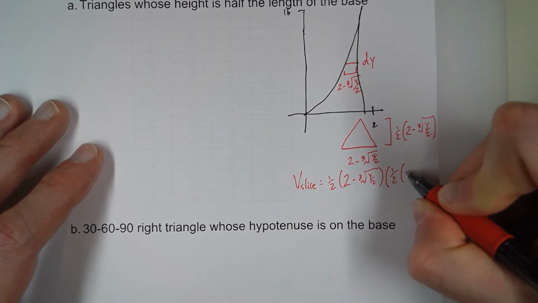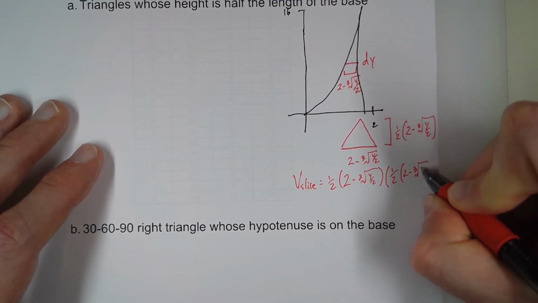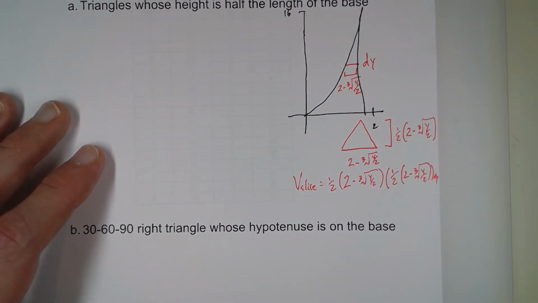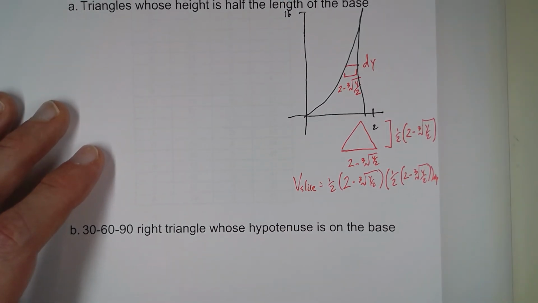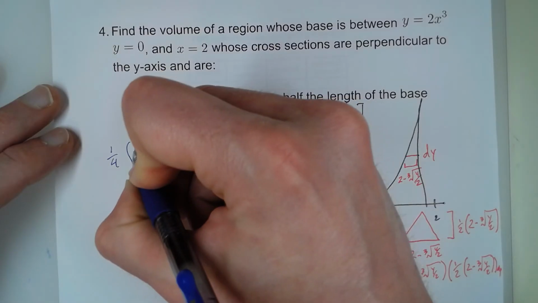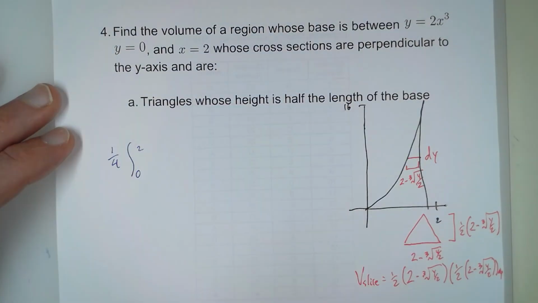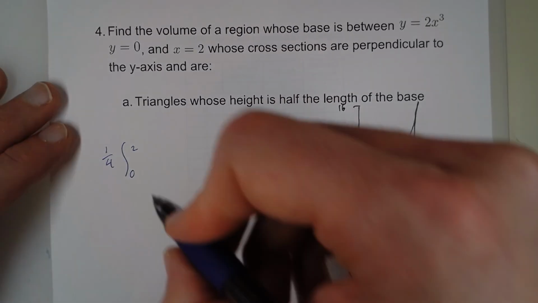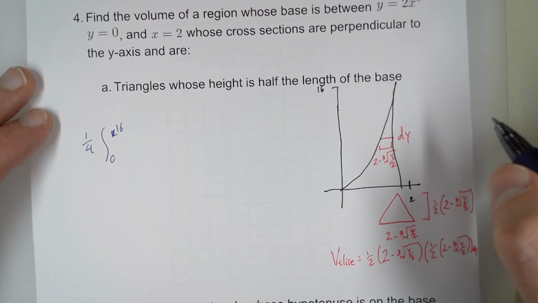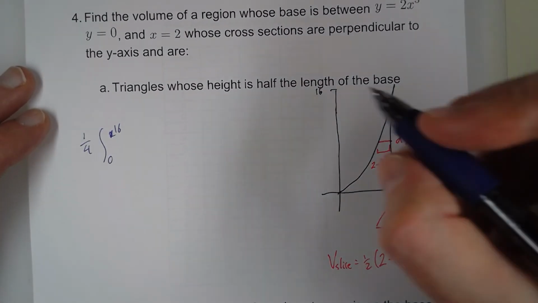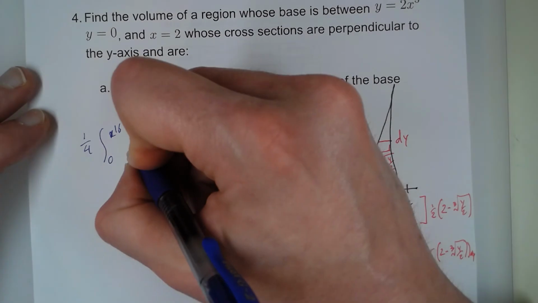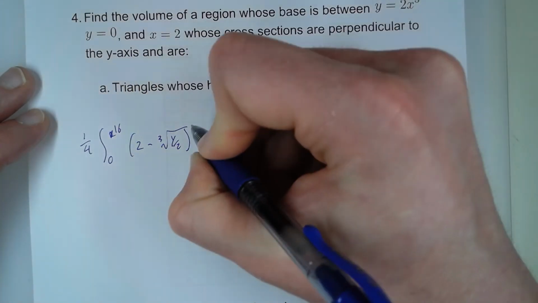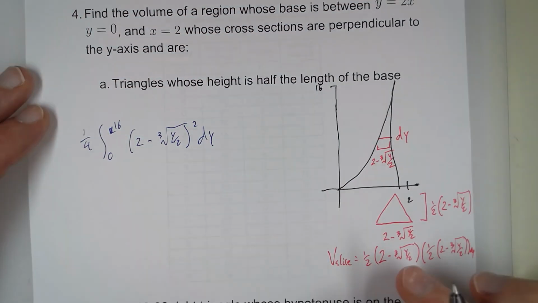So 1/2 times 2 minus the cube root of y over 2 dy. So the 1/2s will combine to become 1/4. 0 to 2. Nope, this is dy. So it's 0 to 16. And so these two will just be that quantity squared.